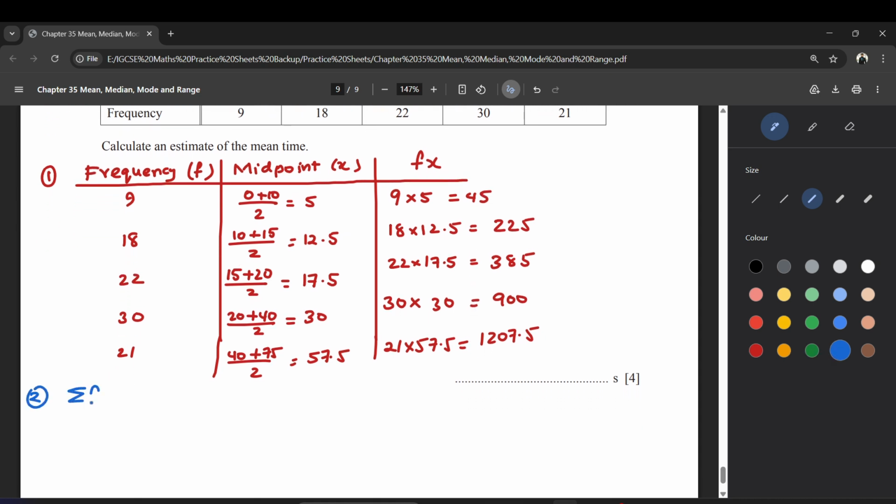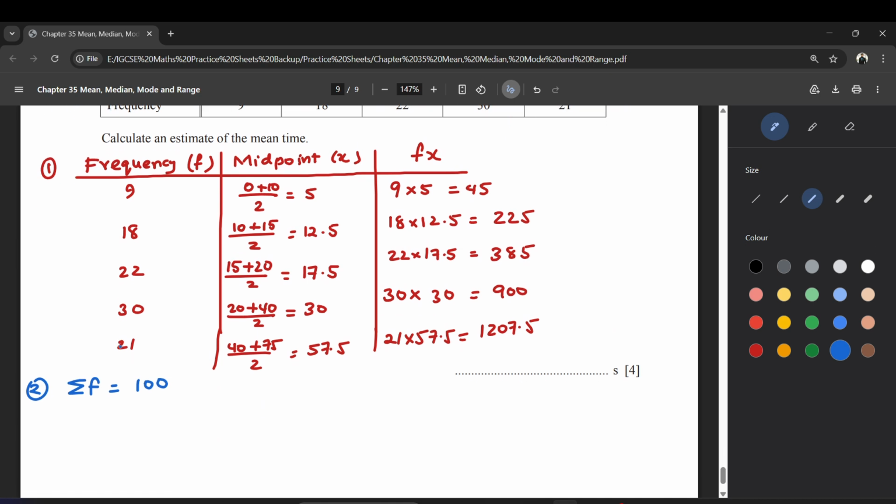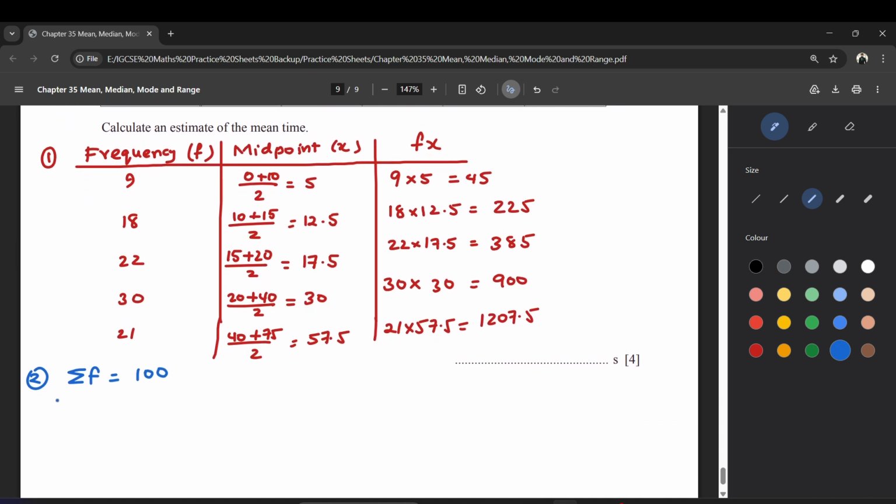Step 2 is write sigma f, which was 100 because 100 students participated in solving the puzzle. Then sigma fx would be adding all these values: 45 plus 225 plus 385 plus 900 plus 1207.5.